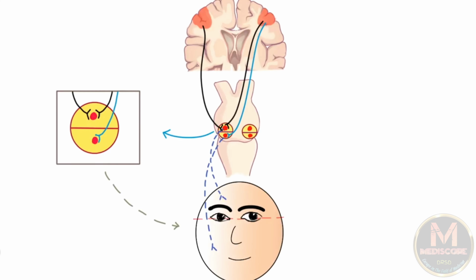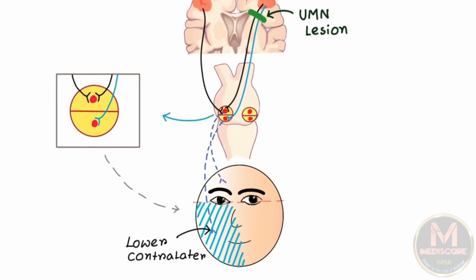If there is an upper motor neuron lesion at this region, then the contralateral lower face will be affected. The contralateral upper face will not be affected, it will be spared, because it is still getting innervation from the ipsilateral cerebral cortex, since the upper facial nerve nuclei have bilateral innervation.